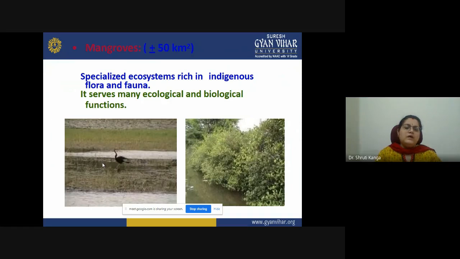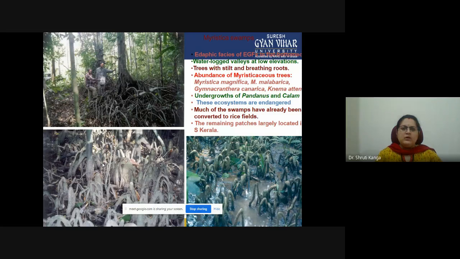Then the mangroves, plus minus 50 square kilometer area, a specialized ecosystem rich in indigenous flora and fauna, and it serves many ecological and biological functions. Okay, then we have swampy, edaphic faces of EFS, flat bottoms, waterlogged valleys at low elevations.